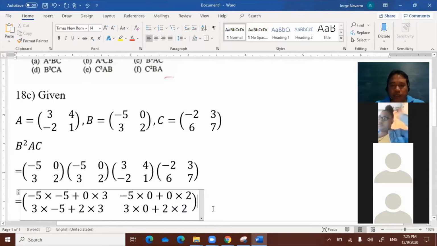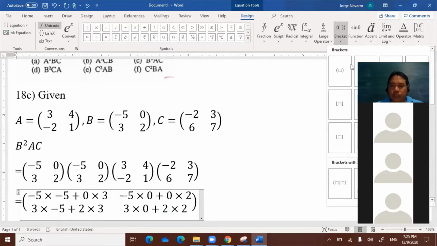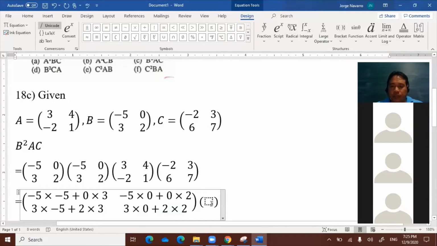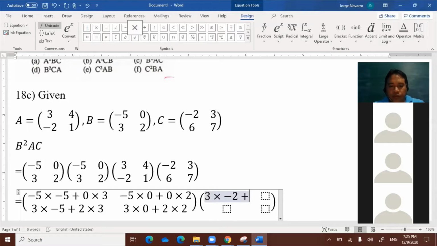Now we're going to look at the next one. In the next one, we put a bracket, and then we do the matrix. This one is going to be A times C. So A is 3, and we're going to multiply it by the negative 2 plus 4 times 6, and that would be our first element.